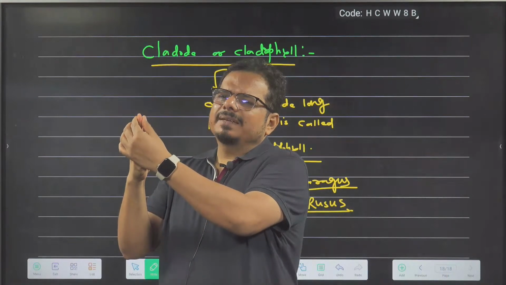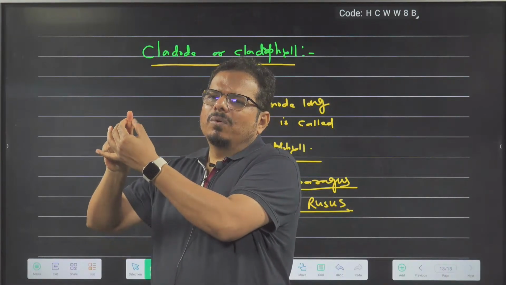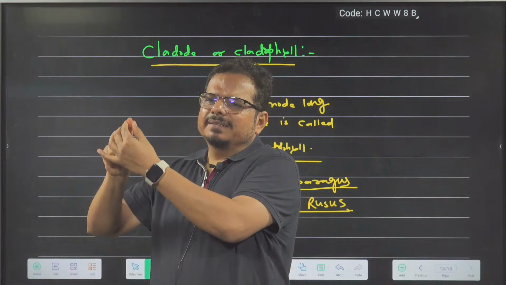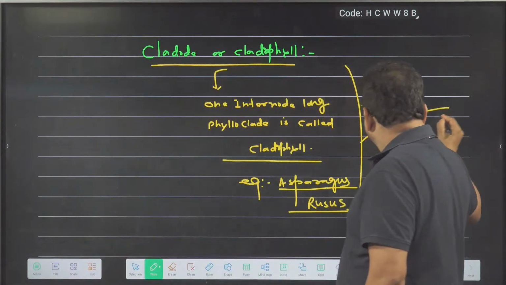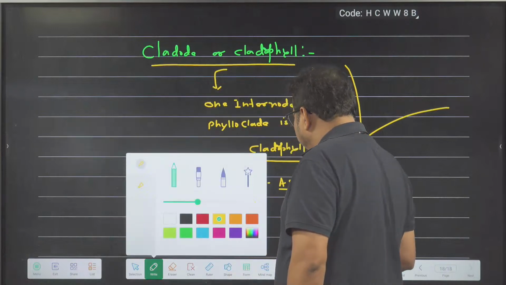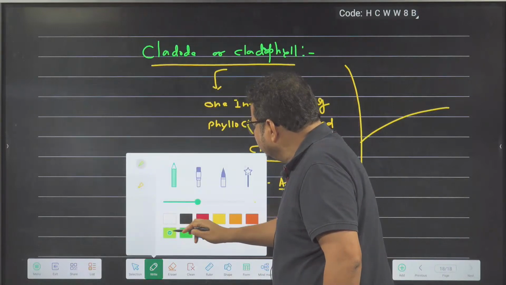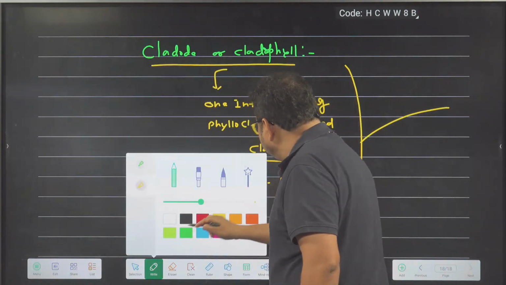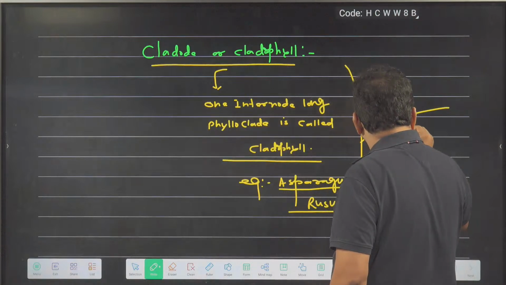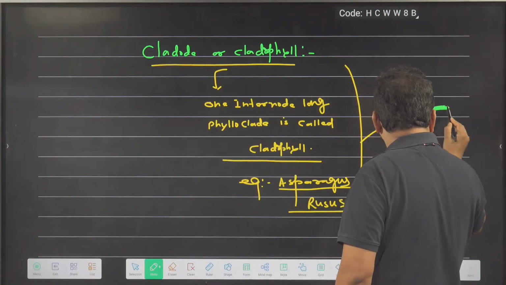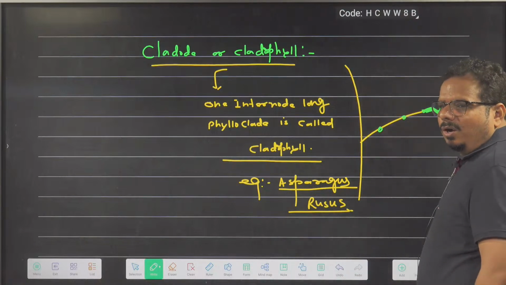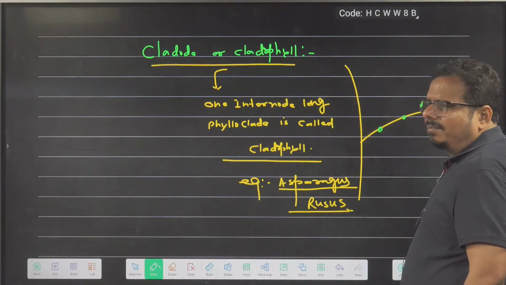Only that much is becoming green. One internode long structure becoming green. You just try to see, this is a stem, these are the branches. In branches, these are nodes and these are internodes. This part becomes green and photosynthetic. All the stem is not becoming photosynthetic.